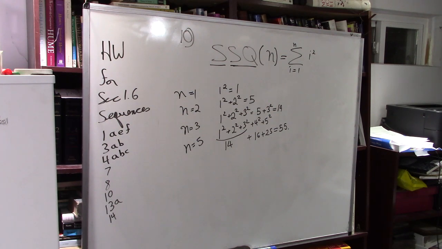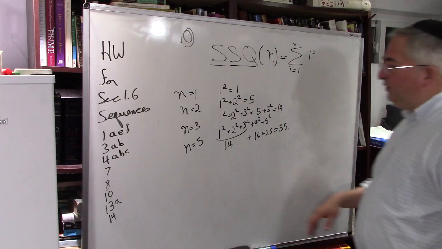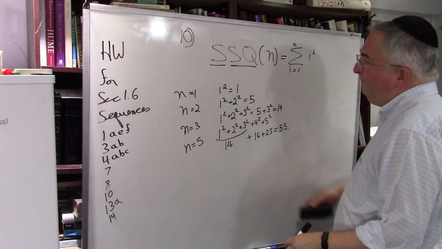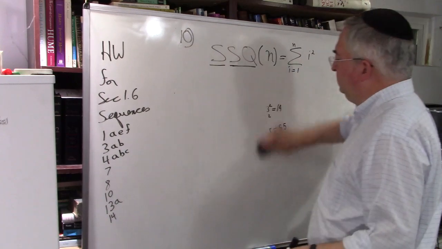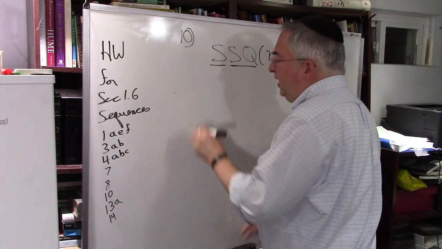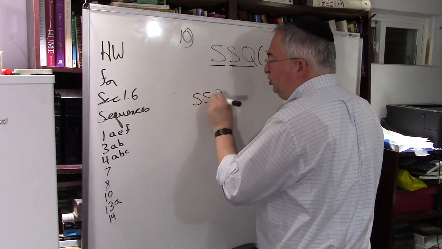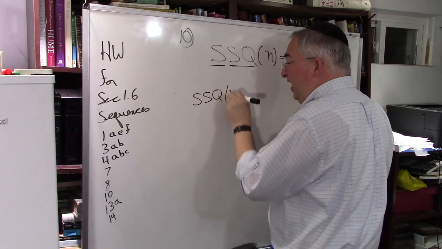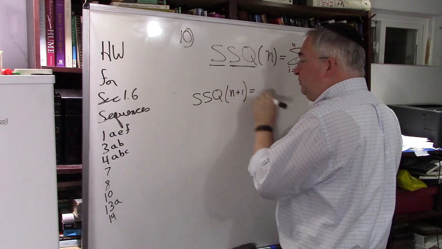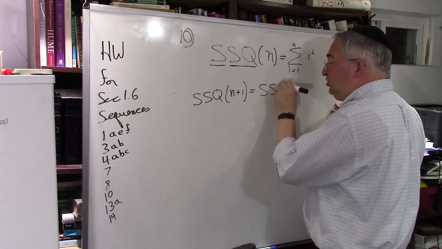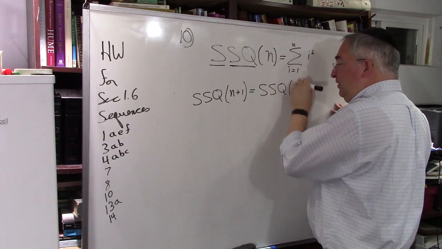Observe that SSQ of n plus 1 is equal to SSQ of n plus something. Okay, so let's stop this for a second. SSQ, the sum of squares of n plus 1, is equal to SSQ for n.